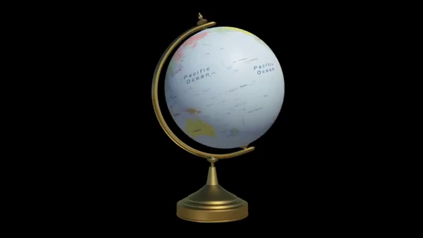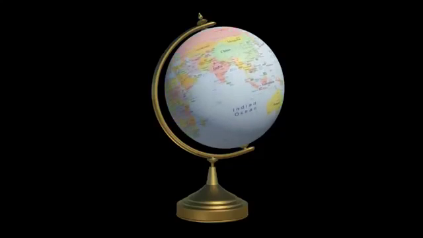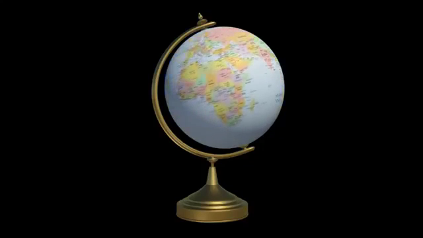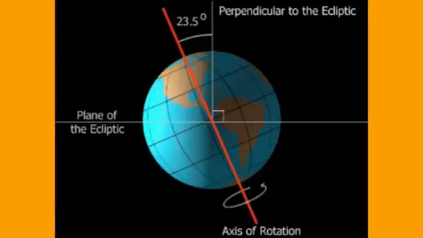You can only see half the globe at one time. However, you can turn the globe around to see the other half. It can be turned around a line passing through it. This line is called the axis. The axis is not straight. It is tilted at an angle of 23.5 degrees.